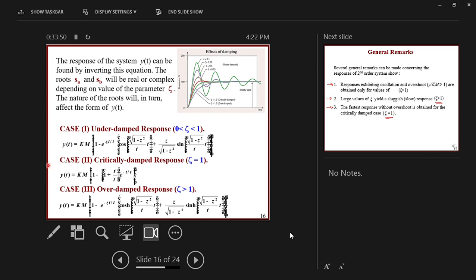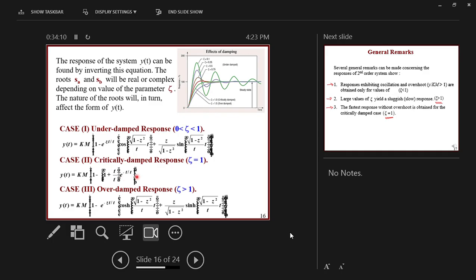For the second case, the critically damped, when zeta is equal to 1 exactly, this is the green line here, the curve of the critically damped response. We can see the solution does not contain a sine and cosine function, and that's why it's not periodic.